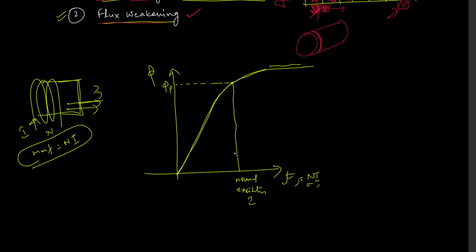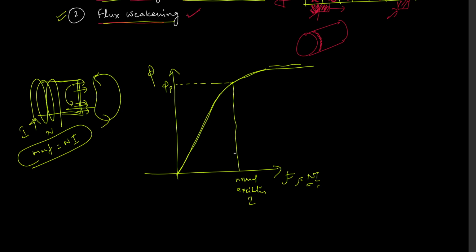We are having a reduction of flux on this side and an increase in flux towards the other end. So flux is shifted from this end to this end due to armature flux.